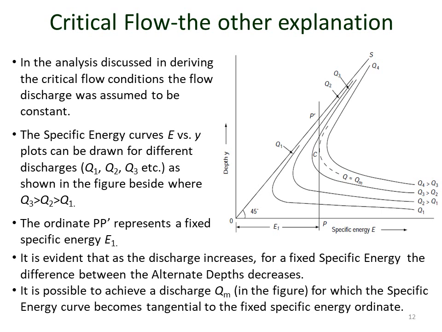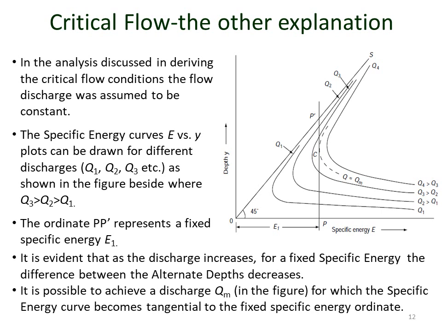Now the discharge can also be a variable, and for variable discharge, different specific energy curves can be drawn. As you can see in the diagram on your right, different cubic parabolas have been drawn for different flow discharges Q1, Q2, Q3 and Q4, where Q4 is greater than Q3, greater than Q2, greater than Q1.